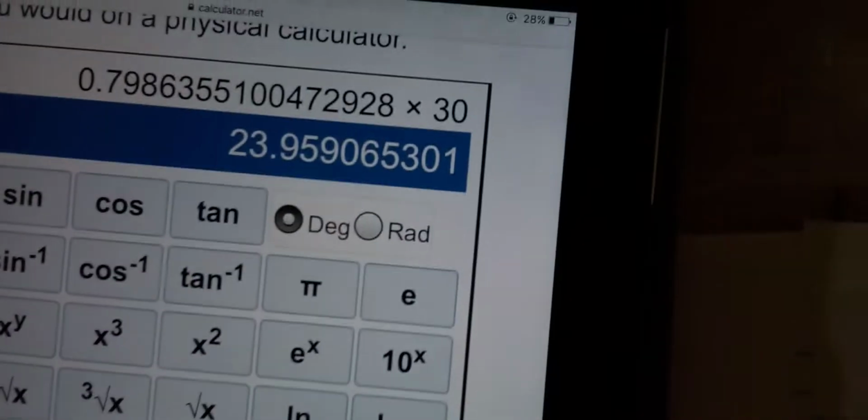Let me see if I got this answer correct. Basically we'll end up with a decimal, but we're just going to round it off.